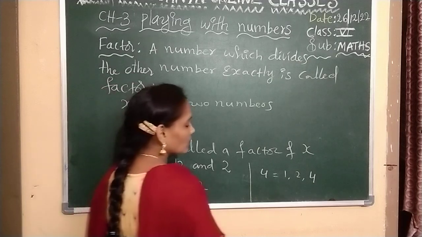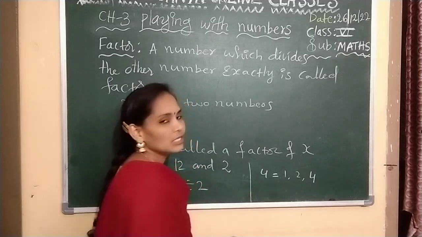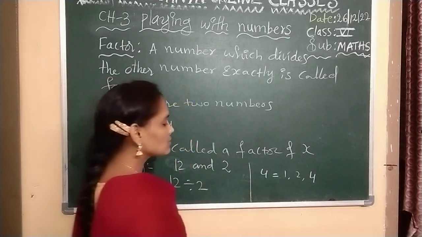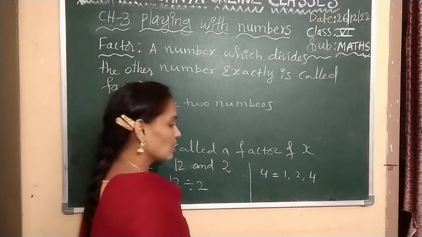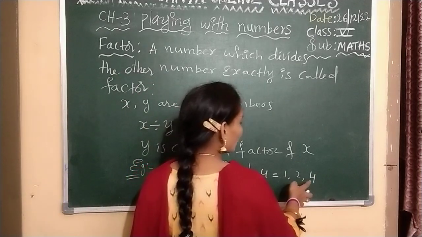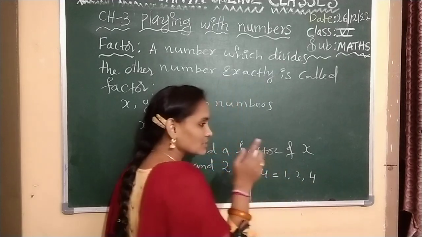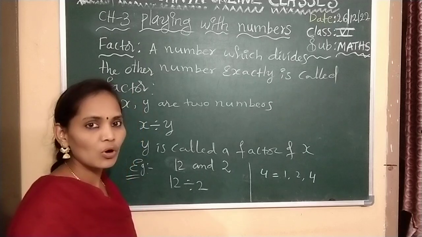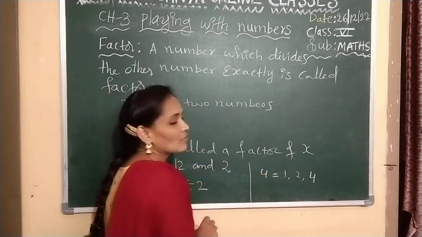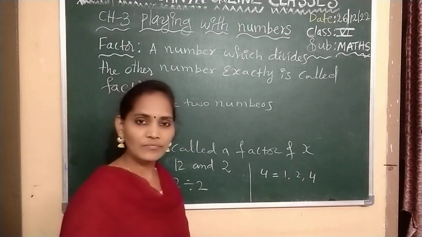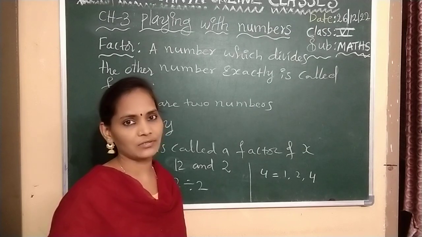Based on this concept, we can say a few important points. 1 is a factor of every number, and that is also the smallest factor among all the factors. The number itself is also one of the factors, and that is the greatest factor among the factors.